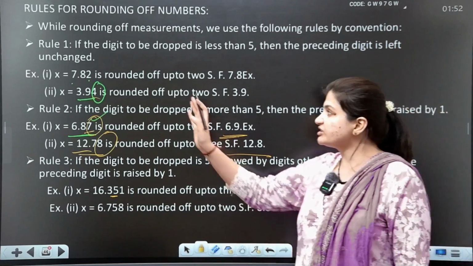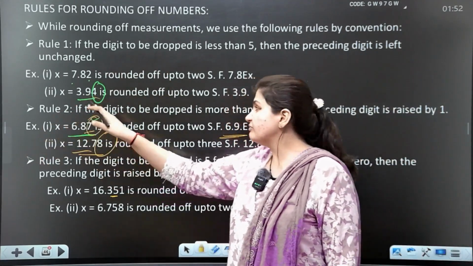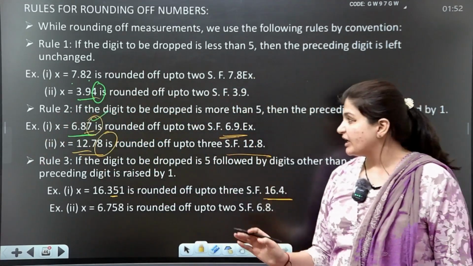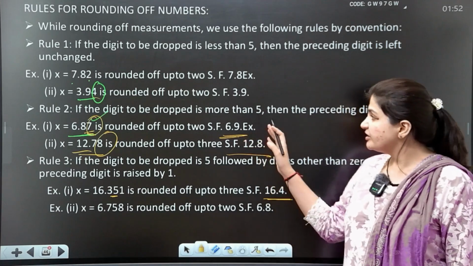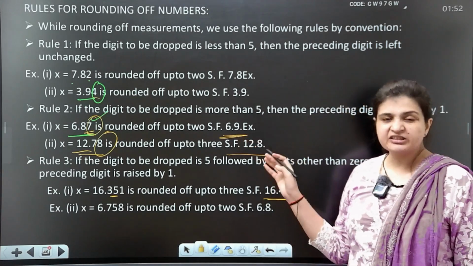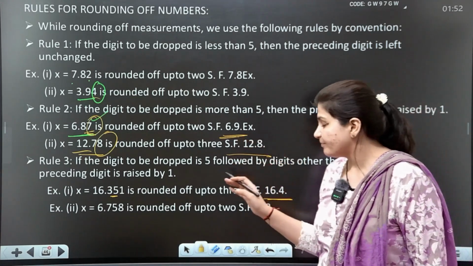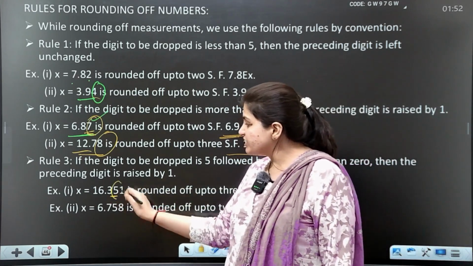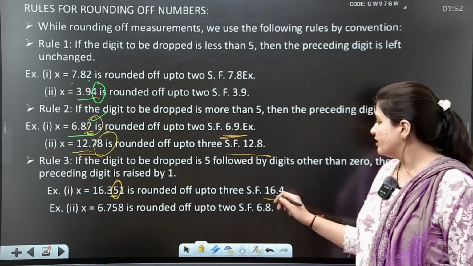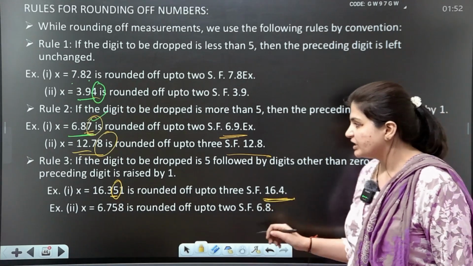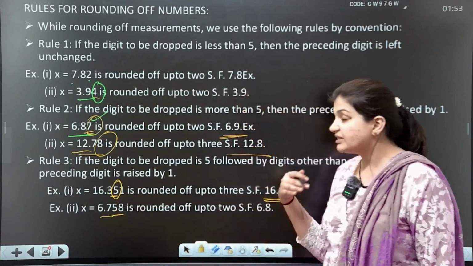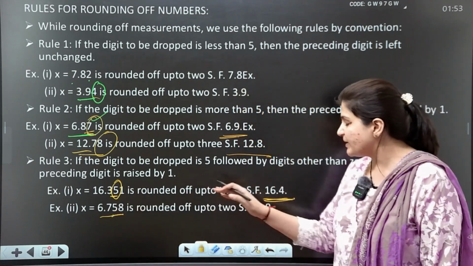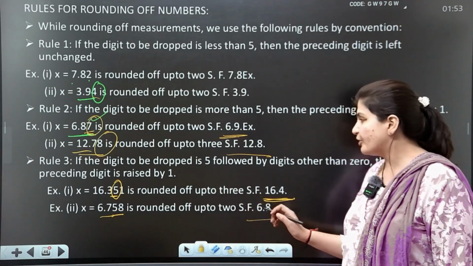If the digit is lesser than 5, it will be written simply. If the digit is greater than 5, 1 will be added to the preceding digit. Like 6.758, the 5 is followed by a digit, so it will be rounded to 6.8.